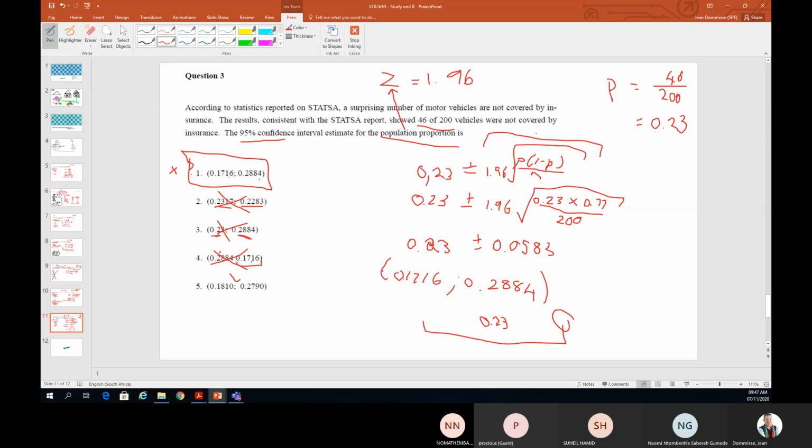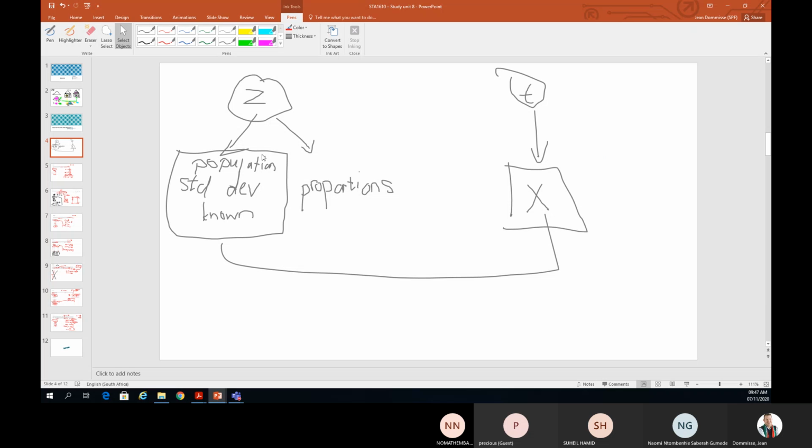Okay, so that is confidence intervals. Basically, we started off by saying that with confidence intervals, you need to know that you will use the Z when the population standard deviation is known, or you will use the Z when you have proportions.